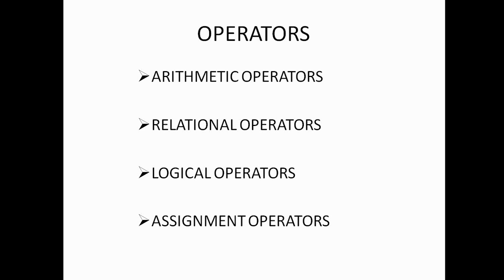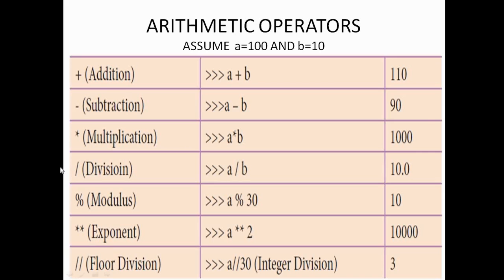An arithmetic operator performs arithmetic operations. What are the arithmetic operations? You know, addition, subtraction, multiplication, division, etc. So plus for addition, minus for subtraction, asterisk for multiplication, slash for division.